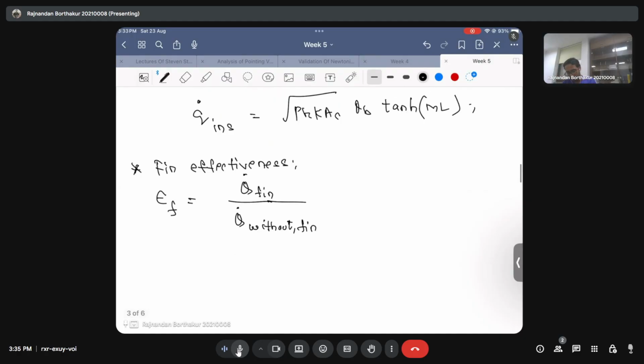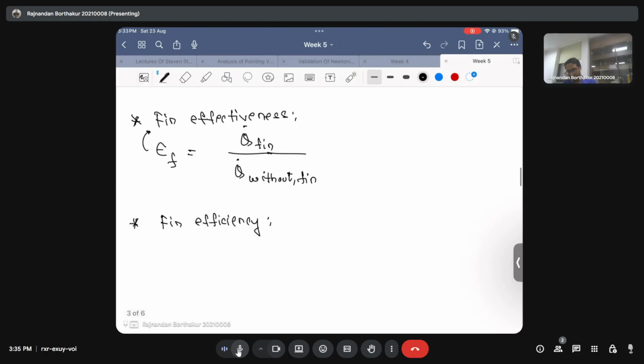This parameter is known as fin effectiveness. There is one more parameter which is known as fin efficiency, and we generally denote it by eta f. It is the rate of heat transfer from the fin to the maximum rate of heat transfer from the fin.